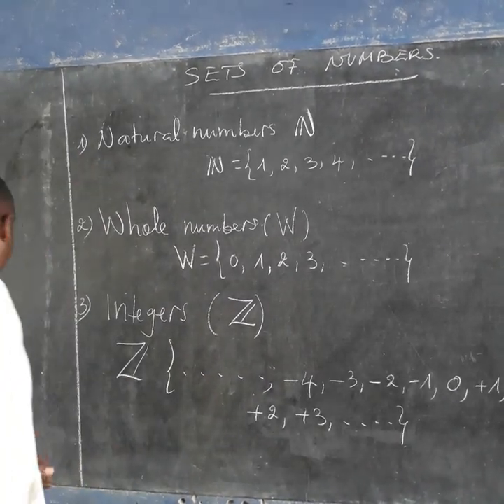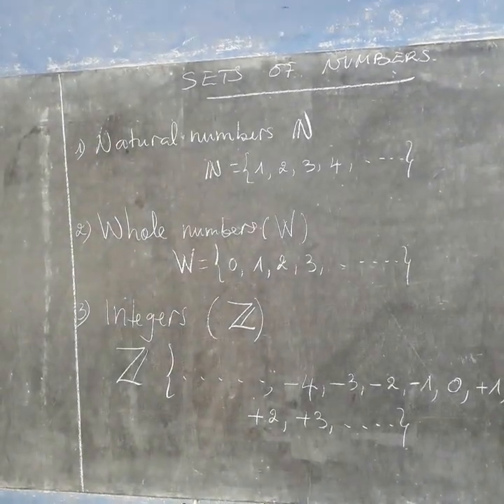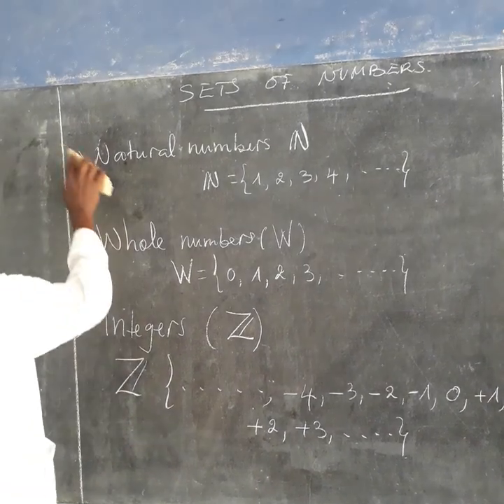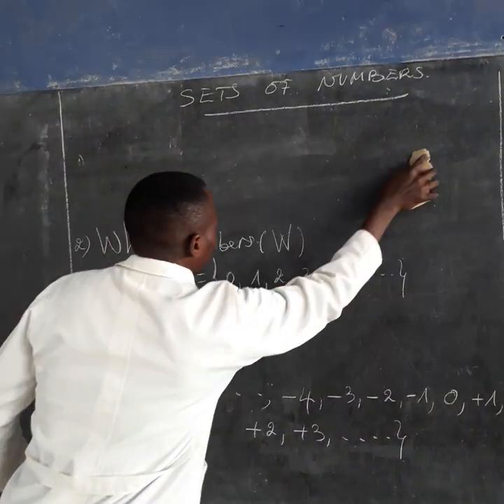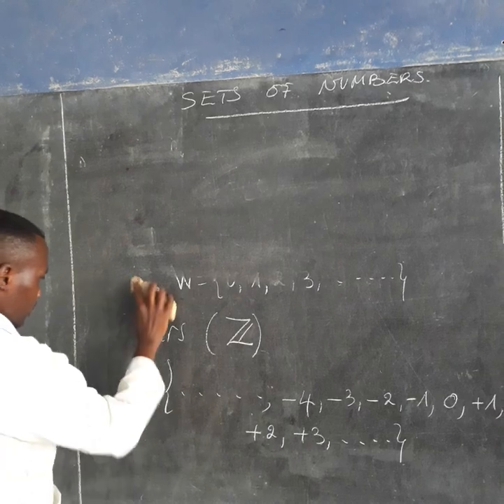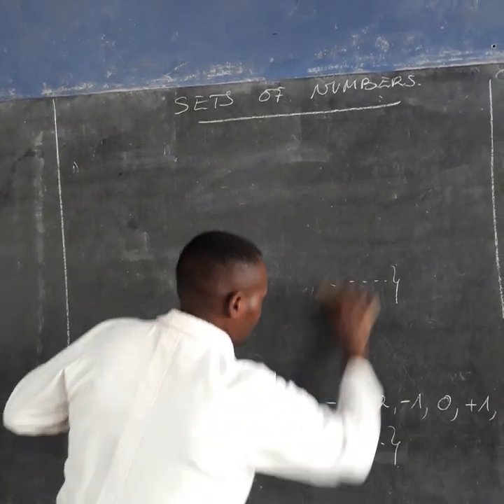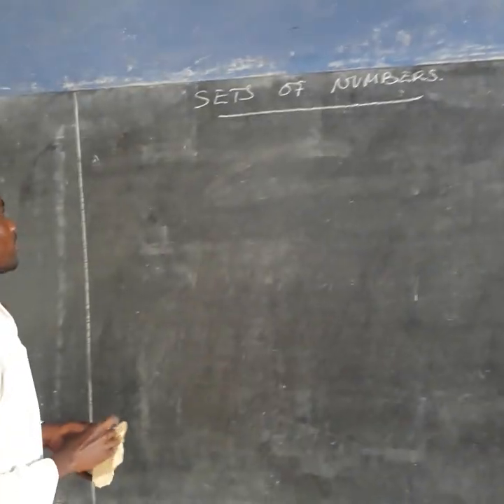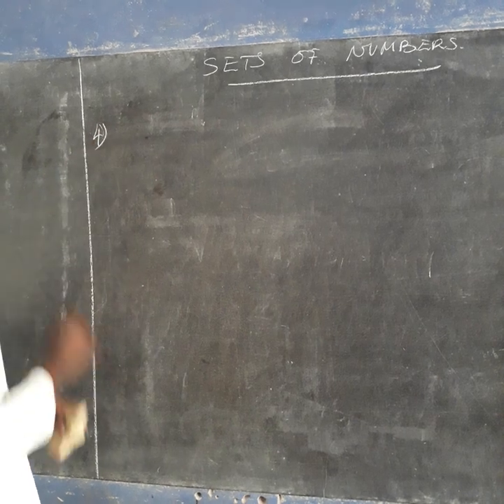Okay, let us continue. Another set of numbers. It is number 4.